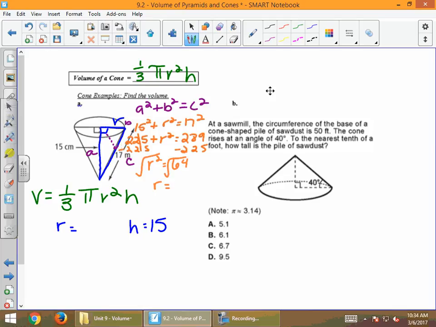So our radius equals what? 8. So again, you just use the Pythagorean theorem. We've done it a million times. Once you learn how to do it, if you're missing a piece, generally try to use the Pythagorean theorem and then solve for your missing part. And we solved here, we got that our radius was 8.